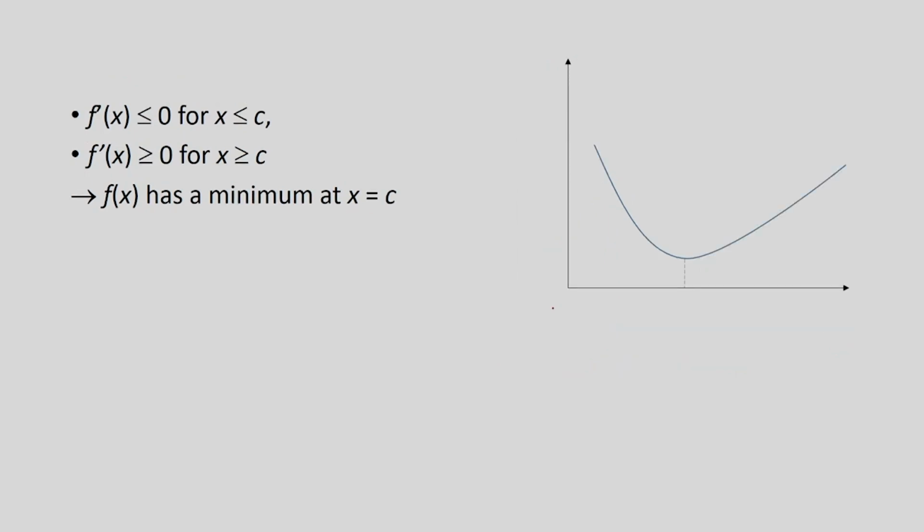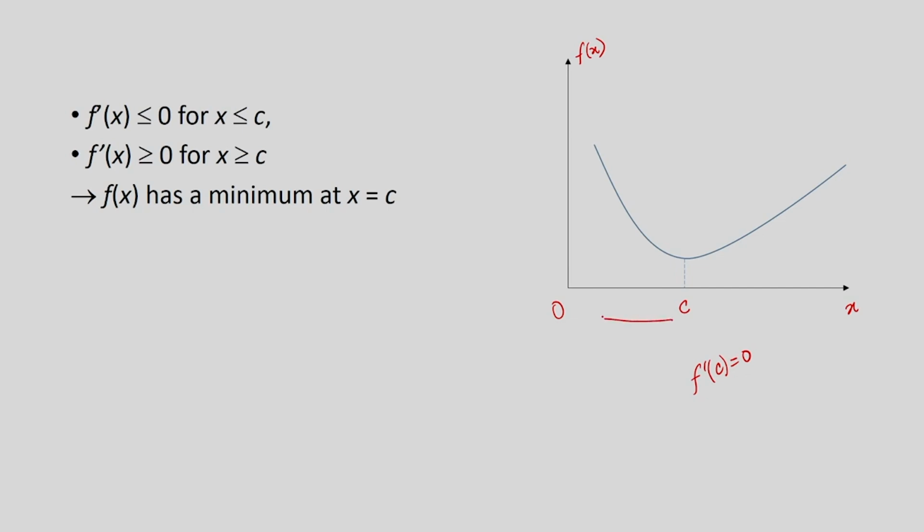Similarly, just in the opposite manner, we can talk about the minimum also. So, f(x) has this graph, this blue line. At the point small c, f dash of small c is equal to 0. So, the tangent is parallel to the horizontal axis.